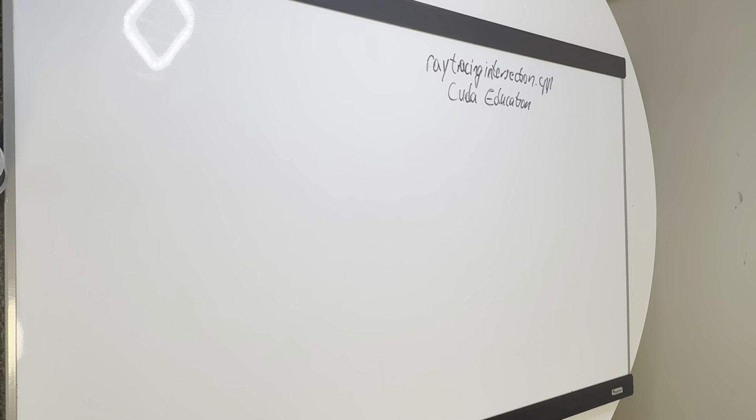I'm just going to generally draw what the ray tracing intersection algorithm is about. If you look at my previous videos, it is procedurally creating spheres in a scene.